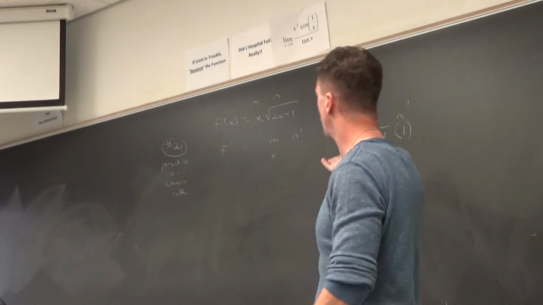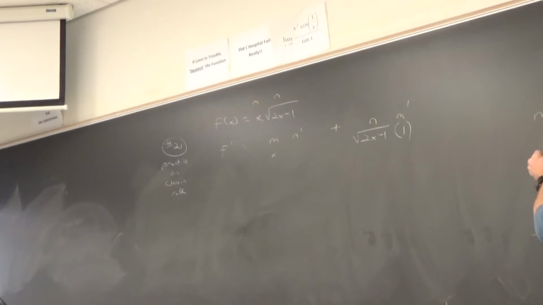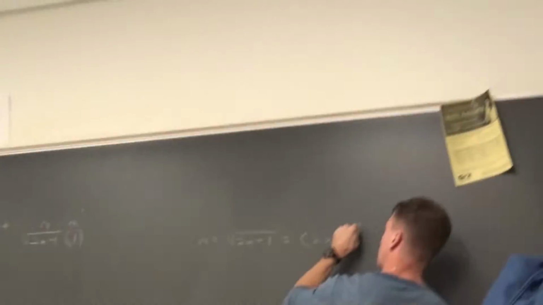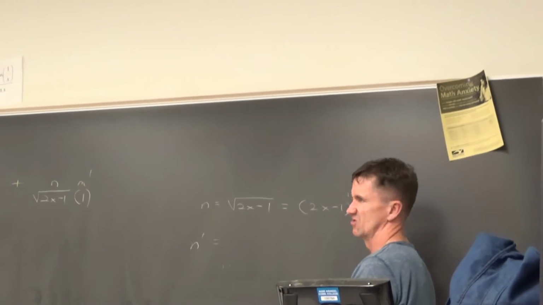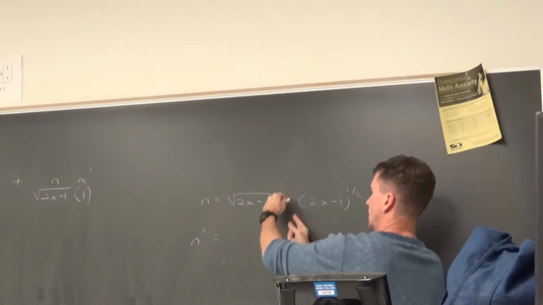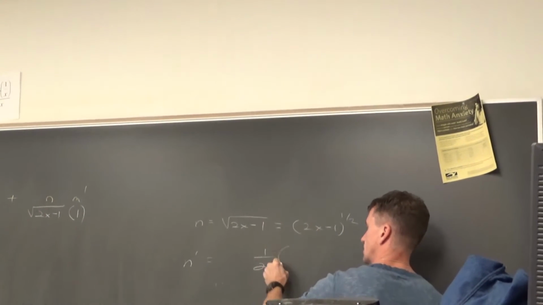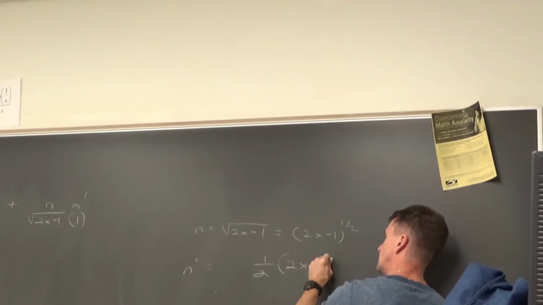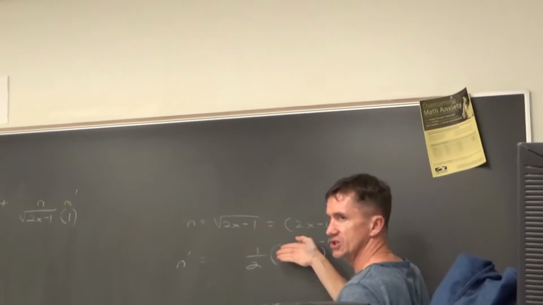And if you have to, go off to the side to say, listen, if n is equal to the square root of 2x minus 1, which is 2x minus 1 to the 1/2 power, what's that derivative? The half comes in front. This is chain rule, and then we decrease the power by 1, and I substitute g back in there.